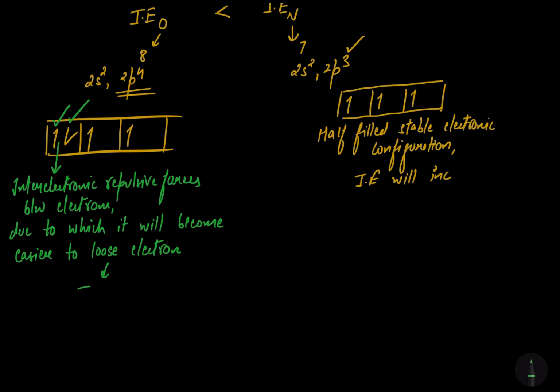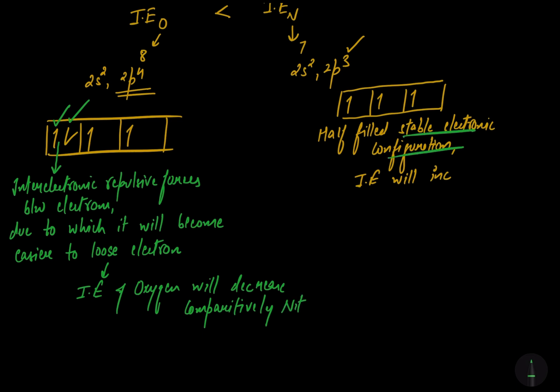Hence, the ionization energy of oxygen will decrease comparatively to nitrogen, because in case of nitrogen there are no inter-electronic repulsive forces and it's a stable electronic configuration. So the ionization energy of oxygen will be less than that of nitrogen.